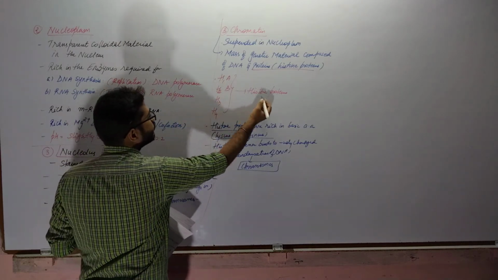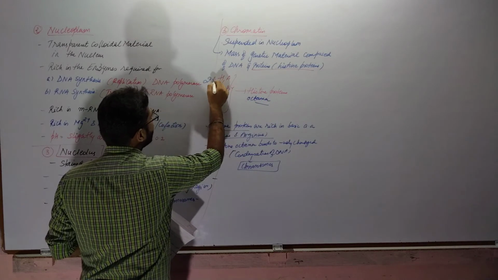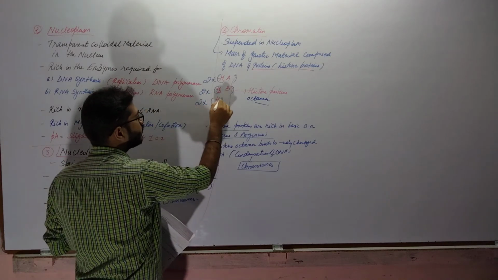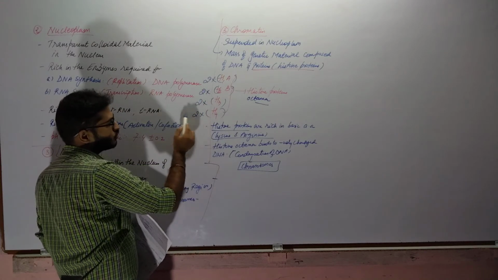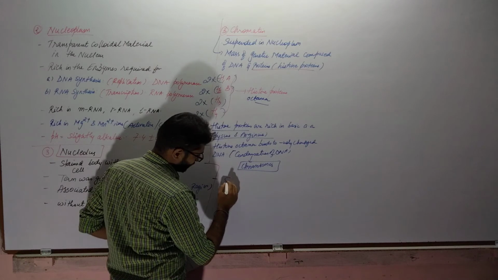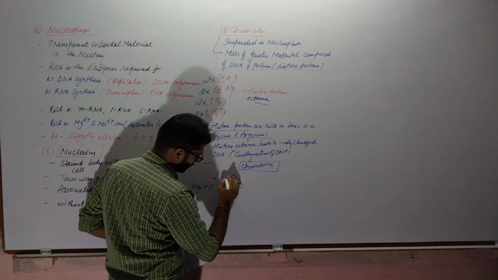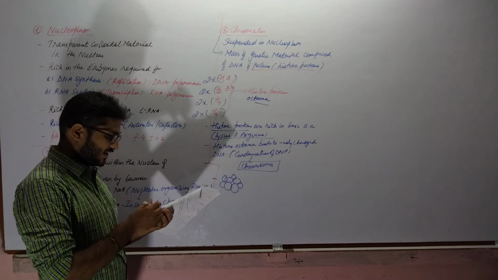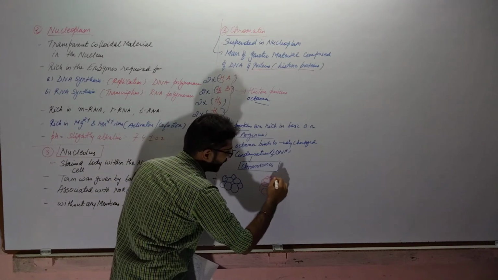Basically it is a histone octamer. So 2 molecules of H2A, 2 molecules of H2B, 2 molecules of H3, 2 molecules of H4. 2, 2, 2, 2. That is 8 proteins. So they form an octamer like this. And within these octamers, our DNA at various locations is wrapped.